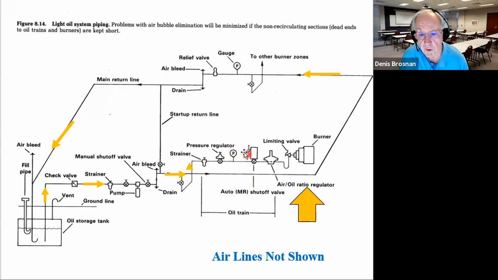The same components we have: a solenoid shutoff valve, a ratio regulator, with oil going into the system. So these are the main components for the oil system. It's just like the gas system. We've got to have the right pressure and the right flow for that burner to operate.